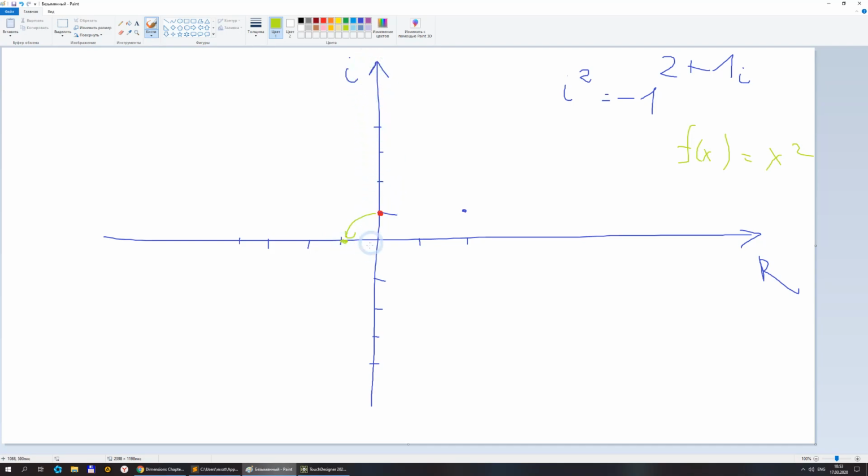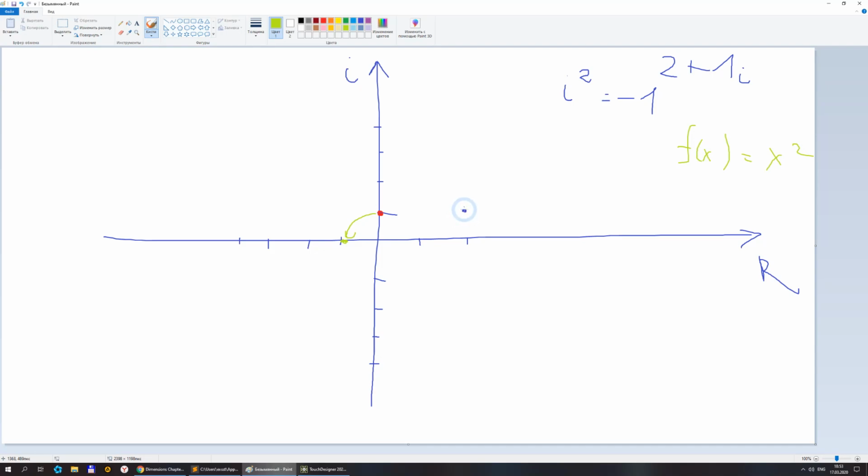And you could see what happens. This transformation, multiplication, square, division, logarithm, exponential, gives you in this idea interesting rotations.